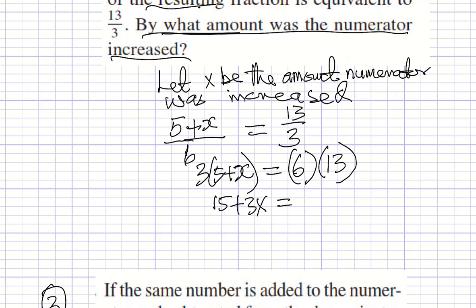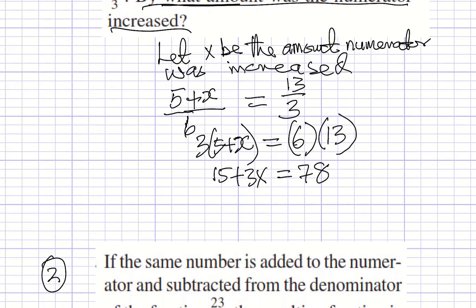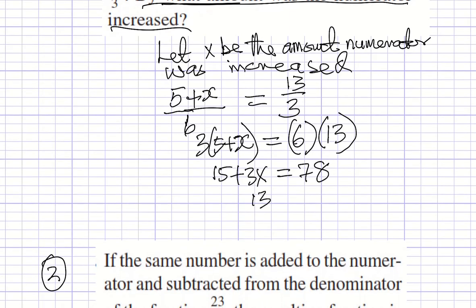In fact, you can leave that like that if you want. Well, no, you can't. You have to multiply that out. All right, 6 times 13 is equals to 78, okay? And then not 13, I'm sorry, 3x.